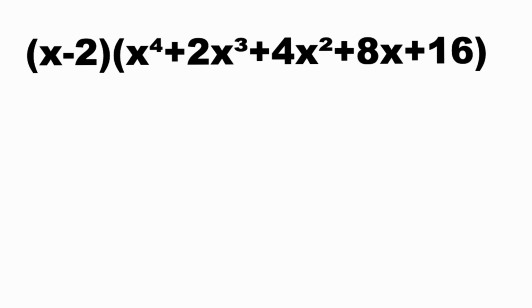Example, you have here x, quantity x minus 2 times quantity x to the fourth plus 2x cube plus 4x squared plus 8x plus 16.